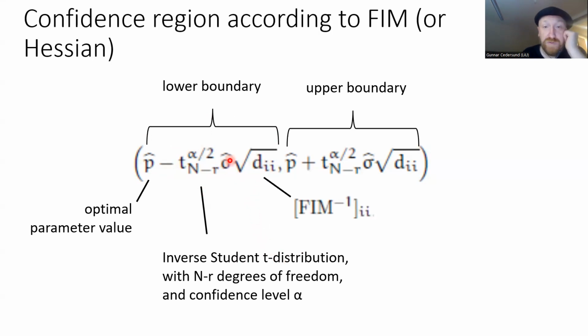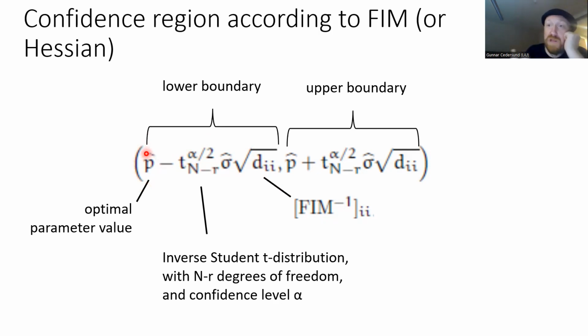This is the measurement uncertainty. And this D here is the diagonal element of this covariance matrix, or the inverse of the Fisher information matrix. So you see that simply by looking at the diagonal elements here, we can embed it in this scaling. We take the square root and we multiply it by these two guys, and then we get the confidence region.